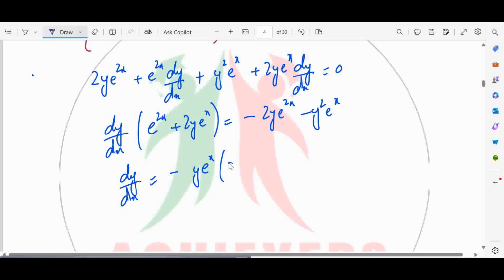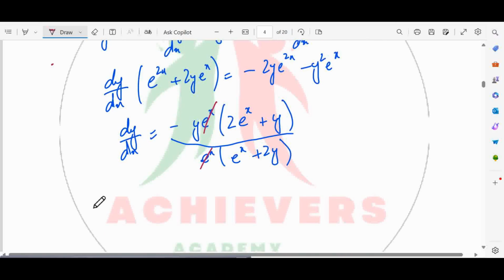And from here we will have 2 e power x plus y, and that is it, all divided by, we can take e power x common here also. So this will be e power x plus 2y. Now we can cancel out these two. Now this will be the answer for dy by dx.